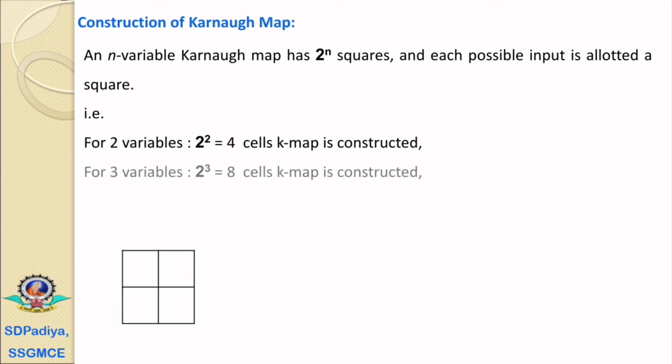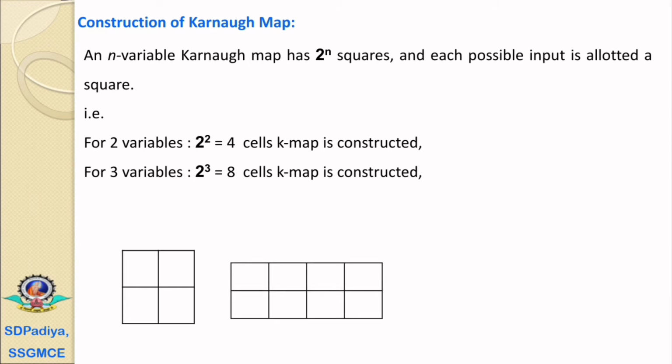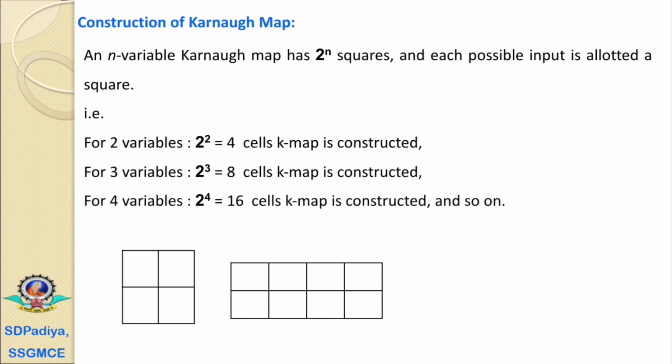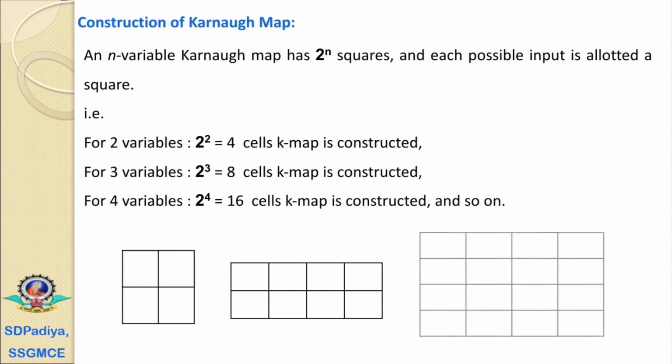For the 3 variables K-map, we construct a K-map with 2 raised to power 3, that is 8 cells, like this. And for the 4 variables K-map, we construct a K-map with 2 raised to power 4, that is 16 cells, like this. These are the 3 popular K-maps for 2 variables, 3 variables and 4 variables. That is a K-map with 4 cells, 8 cells and 16 cells.